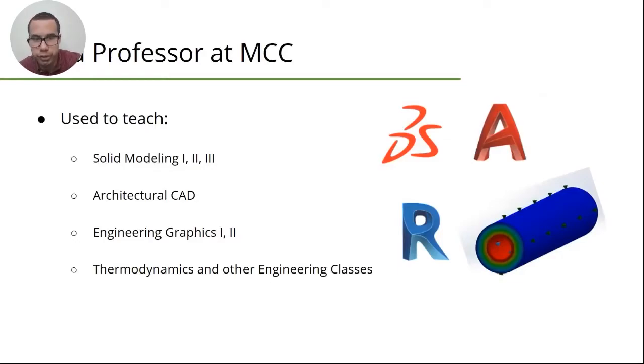For community college students, that's quite important. They struggle with money, and they only have to pay 115 or 120, I don't remember right now the price for 2 years. They can use Solid Professor to approve Solid Modeling 1, 2, and 3 to go through Architectural CAD, which is Revit.